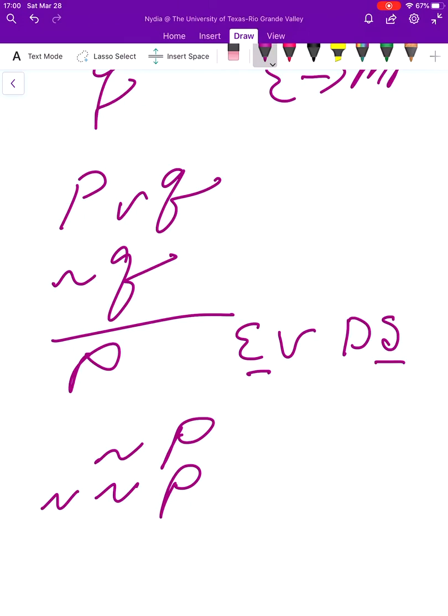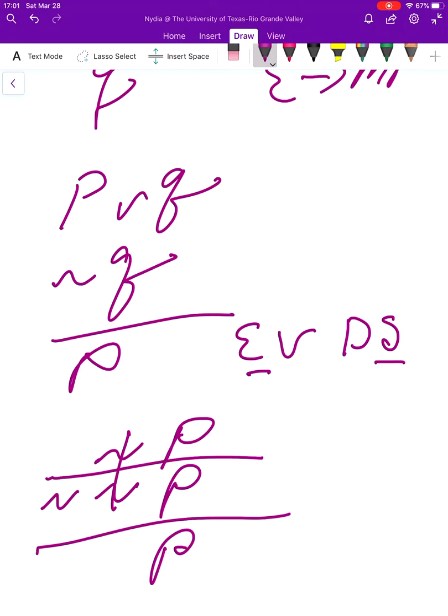Then I have an elimination rule for that. I can get rid of both those nots. So, draw the line, and what are we left with? P. These two cancel each other out. If it's not, this one's doing the work. Together, we're left simply with P.